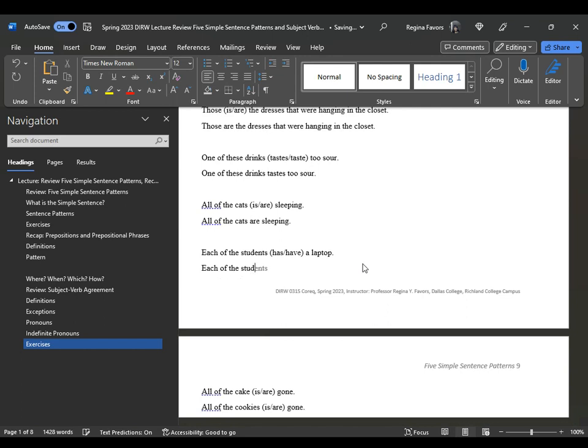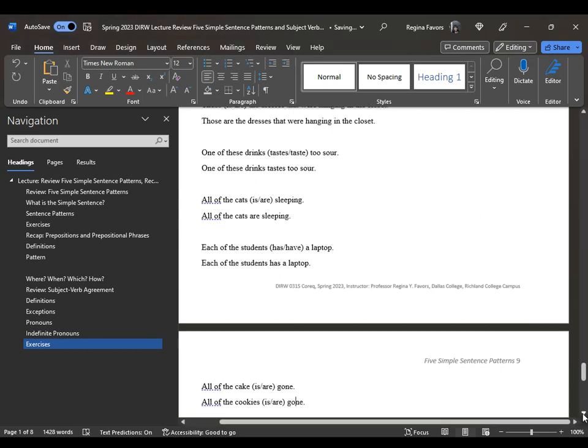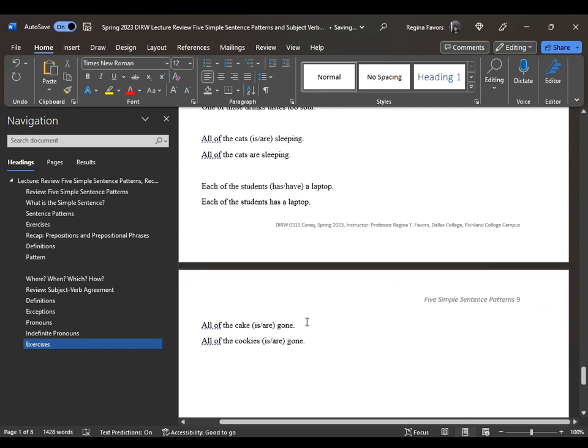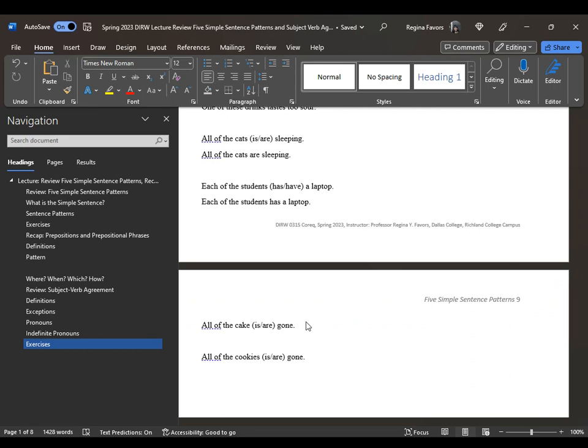Each of the students has a laptop. And then we have one that's kind of tricky. It works like the discovery and discoveries. So all of the cake is gone because cake is in singular.